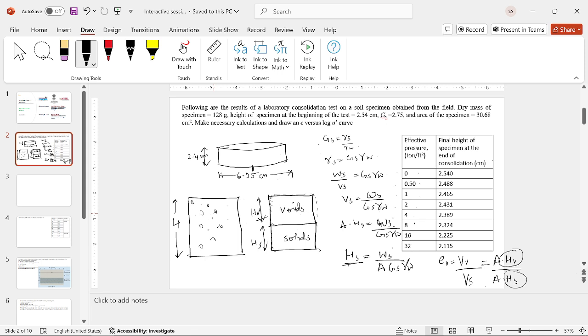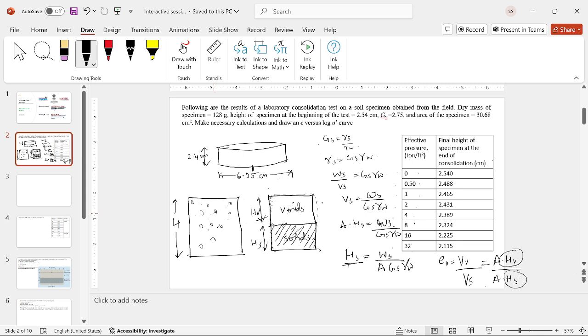So when we talk about height of solids, we are actually talking about the two-phase diagram, in which we say that the soil has actually three phases. But in consolidation, we saturate the sample, and we are assuming here all these voids are filled with water. And we're talking about two phases only, that is solids and voids.